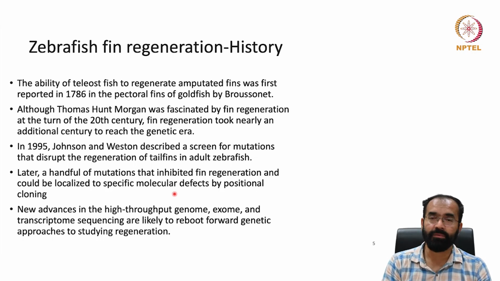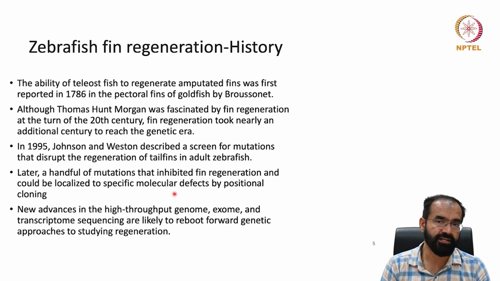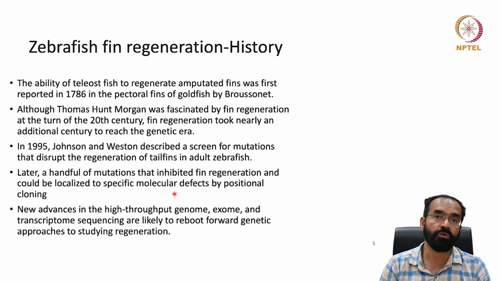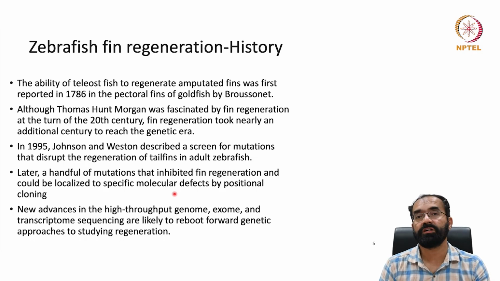You can take an animal, expose it to some mutagen, or create some mutations in the genome, and then see whether it is able to regenerate or not. And if it is not able to regenerate, we know I damaged some part of the genome, or some gene is defective now, because of which it is not able to regenerate. But who will tell you what that gene is? So you have to identify it, and that is called a forward genetic screen.